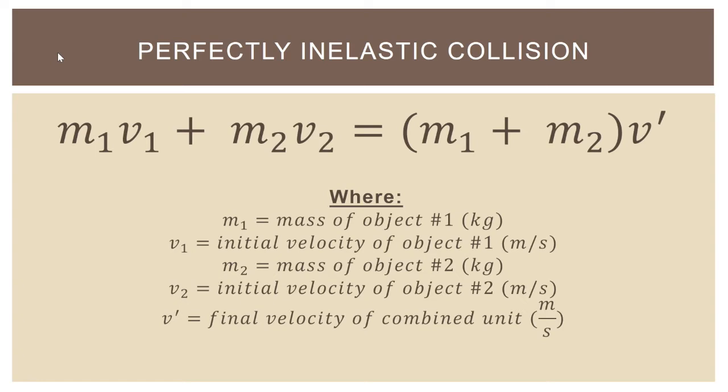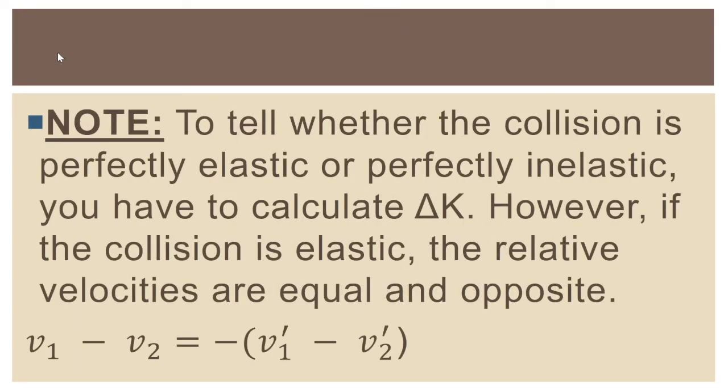Now, these problems are obviously different from the kinds of momentum conservation problems we've already looked at so far, but it's basically the same scheme. The only difference, of course, is that the kinetic energy is not conserved. And that makes it really easy to tell whether you're dealing with a perfectly inelastic collision problem or not, because to tell whether the collision is perfectly inelastic or perfectly elastic, you have to calculate the change in kinetic energy.